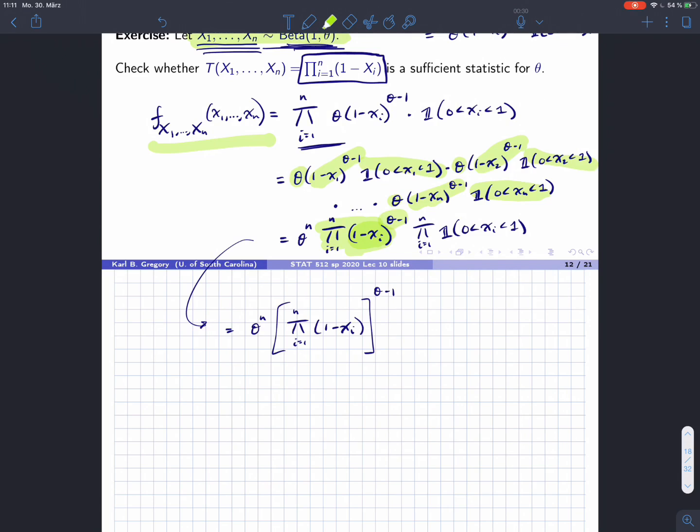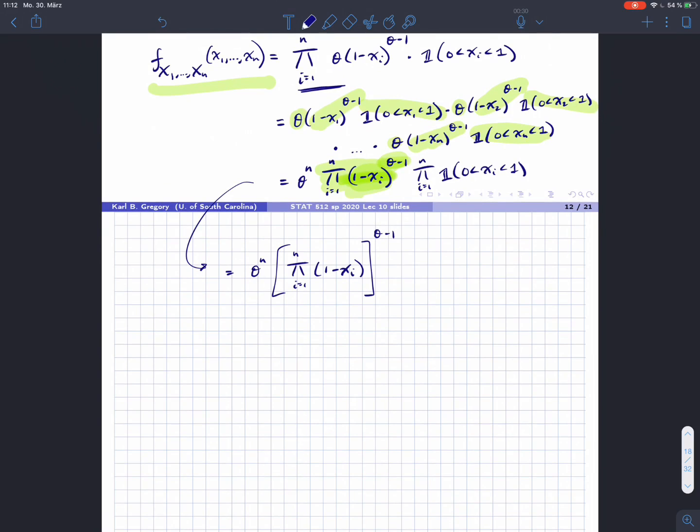Okay, since each of these things in the product is raised to the power theta minus 1, I can raise the entire thing to theta minus 1. Because if I have a raised to the b times c raised to the b, that's the same thing as a times c raised to the b. Okay, and so now I've got that product of indicator functions also out here.